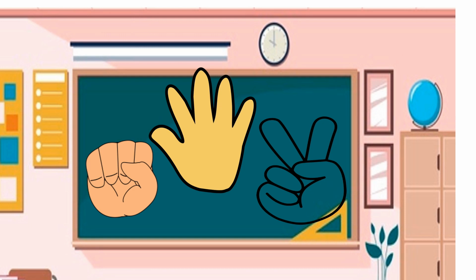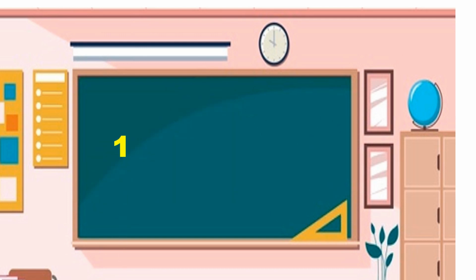Okay, class, how many paper can you see? That's right, there is only 1 paper. Again, where will we put 1 and 3 respectively? Okay, class, is it 1, 1/3, or 3/1? That is correct. The answer is 1/3.